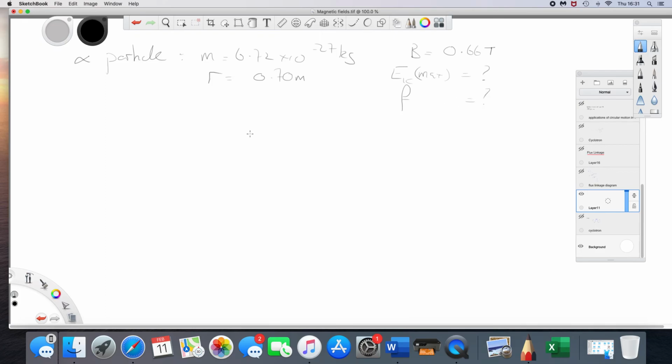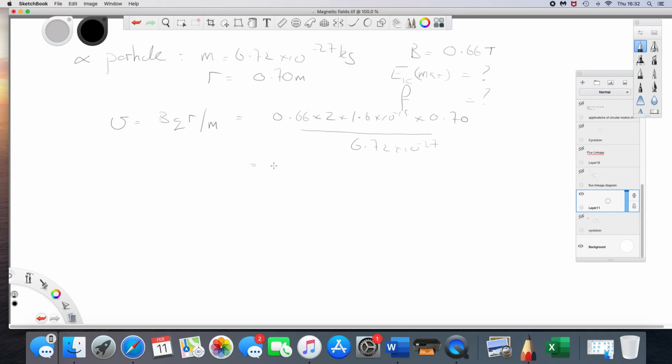So, if we go back to our equation for the velocity of our particle, we had an expression which was V is BQR over M. If we stick in our numbers, 0.66, the charge on this, of course, is 2 times 1.6 times 10 to the minus 19, times the radius, 0.7, divided by the mass, 6.72 times 10 to the minus 27.